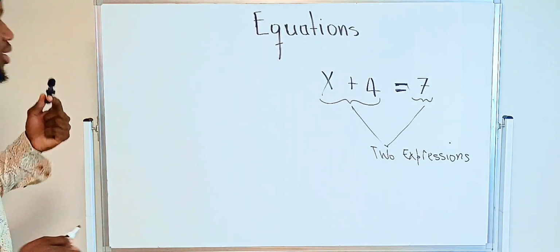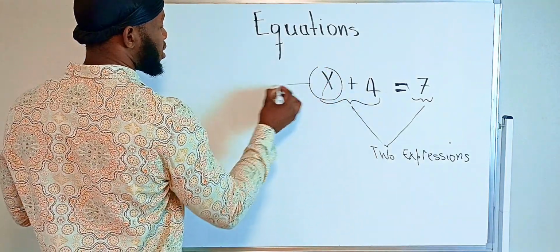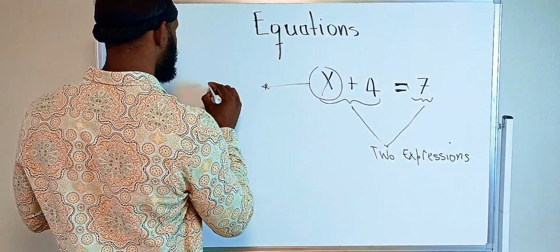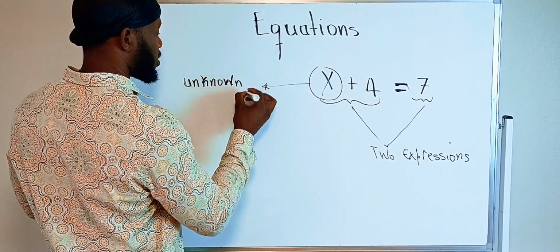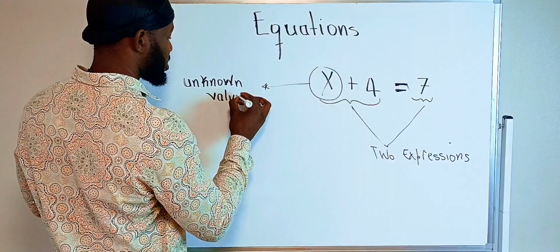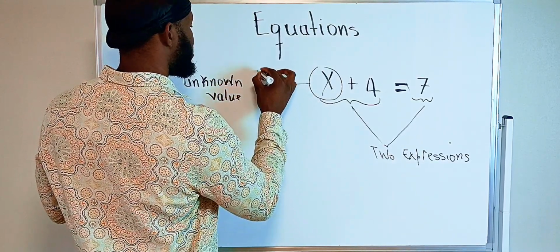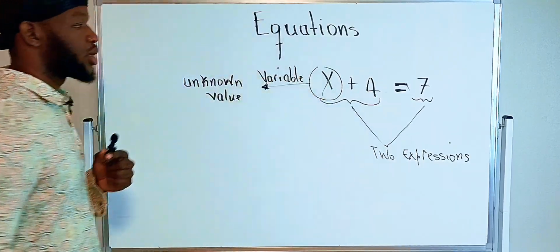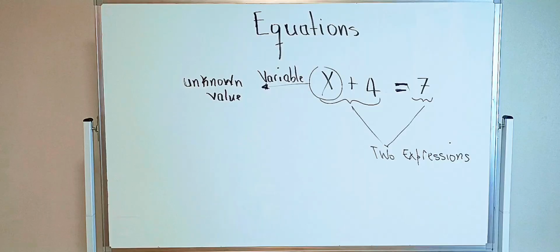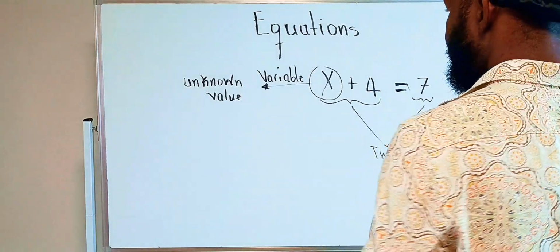They call it a variable. This is the unknown value that they're talking about. This is the variable. So finding the number for this variable means they call it solve the equation.